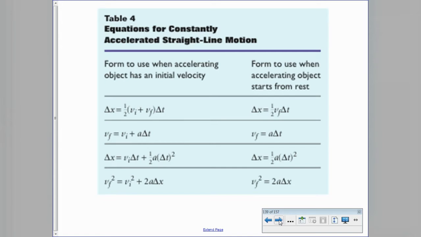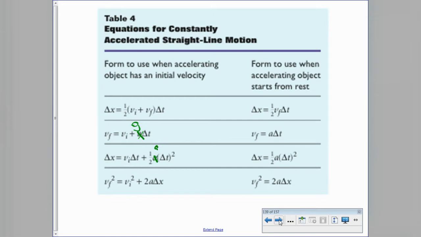And we actually don't even have to worry about the acceleration. If they are in free fall, we are going to replace all the acceleration values with g. Again, anytime you see an acceleration value in these problems, you can just replace that with g.